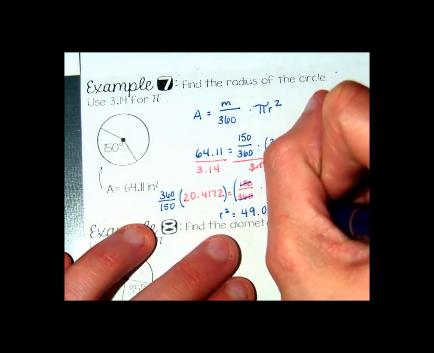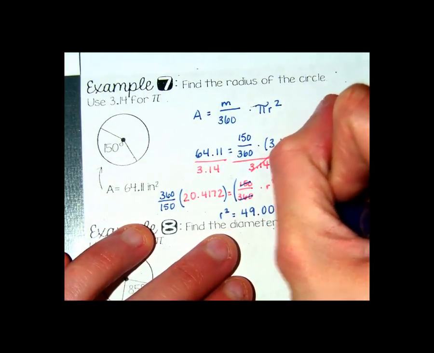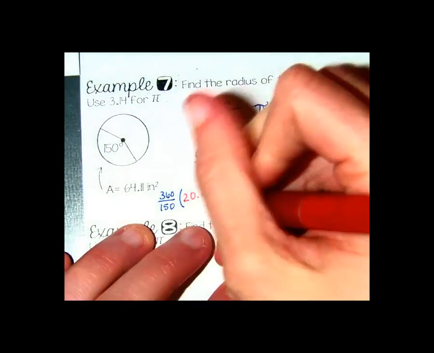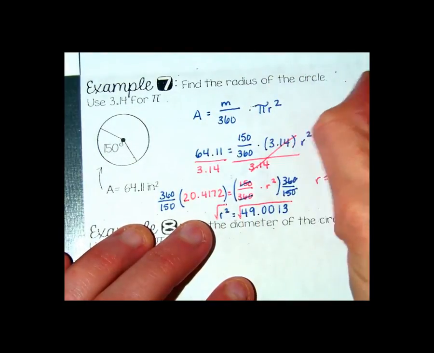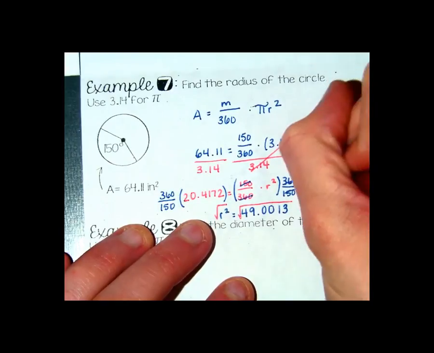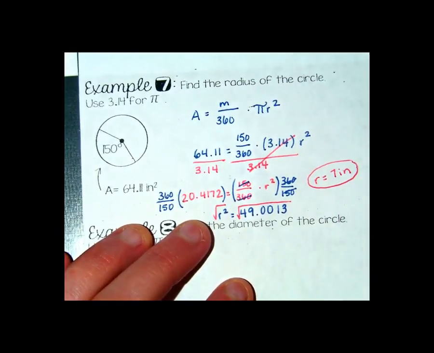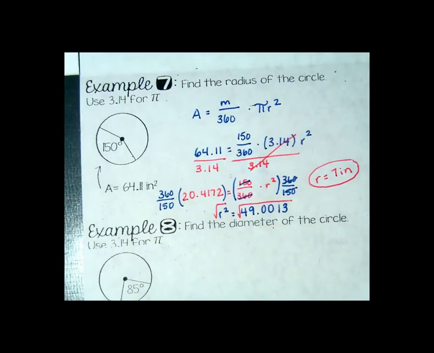It's 49.0013. And then we take the square root, and it is 7. The radius is 7 inches.